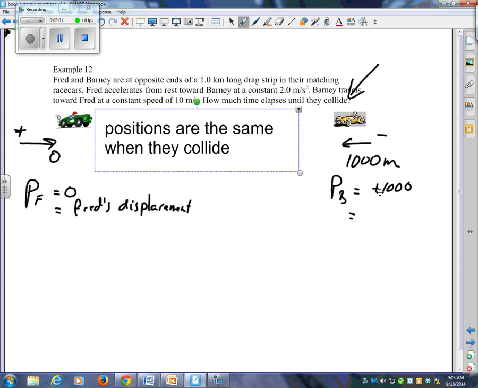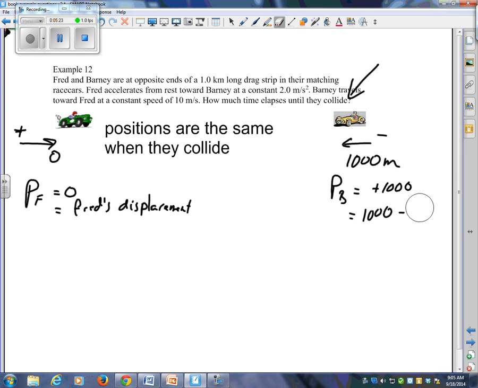If Barney had a displacement of, say, minus 200, what would his position be? No. Because he starts here at 1,000, right? If he goes 200 meters to the left, where is he? 800. So Barney's position is, in fact, 1,000 minus his displacement, right?